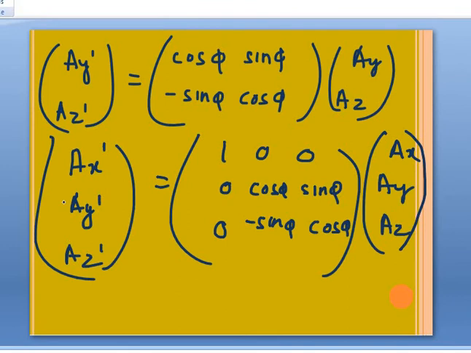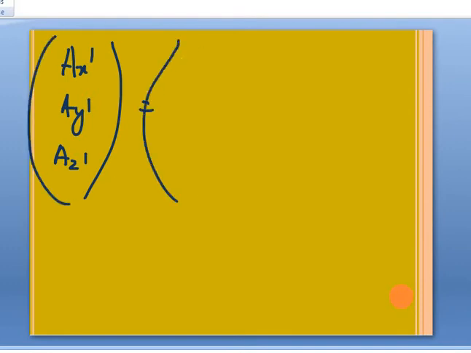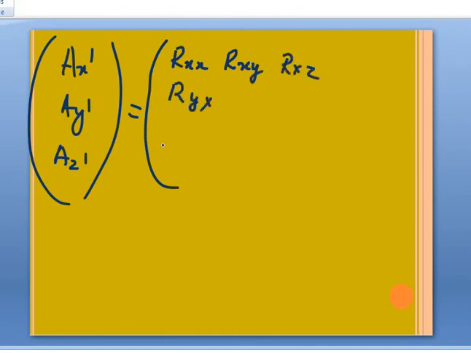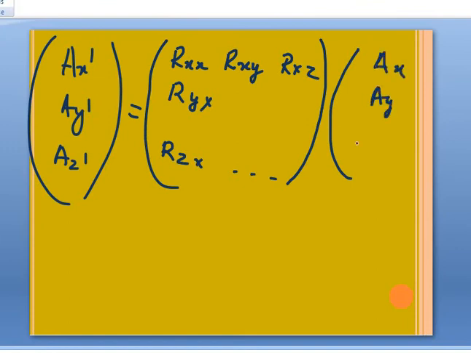So now try to generalize it. When you generalize, you will get ax prime, ay prime, az prime. This will come out to be rxx, rxy, ryx, rzx, and so on. And this again can be written as ax, ay, az.